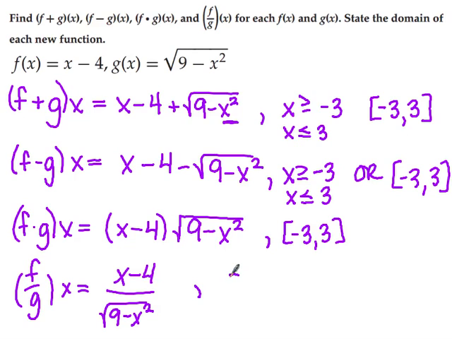Because what can't we have in a fraction? A denominator of 0. You have to take out the equals 3. Exactly right. Good call. Because if I have 3 included actually makes that 0. So I'm going to just do that. Okay, and that takes out that value of 0.